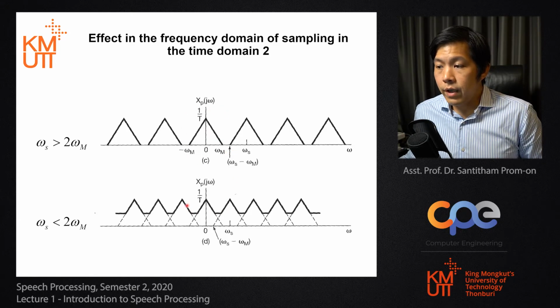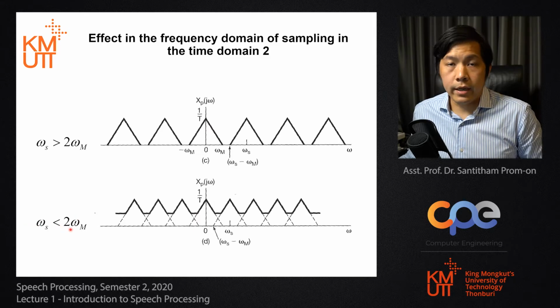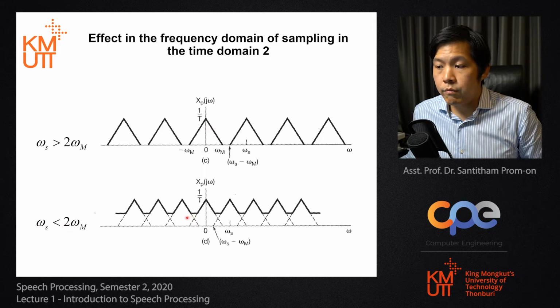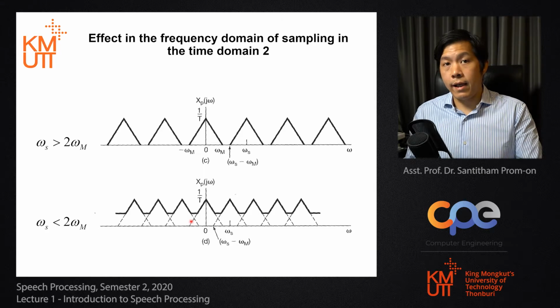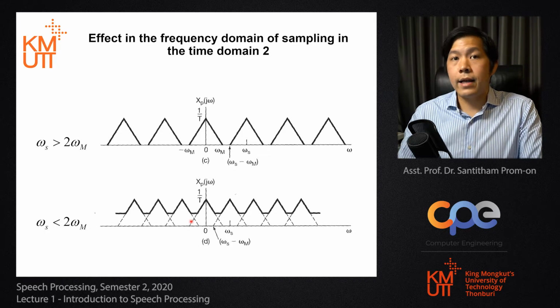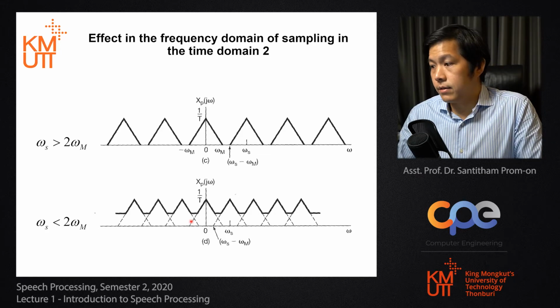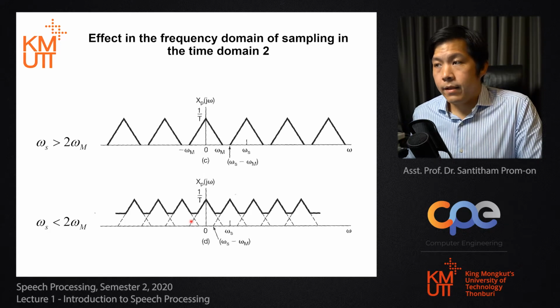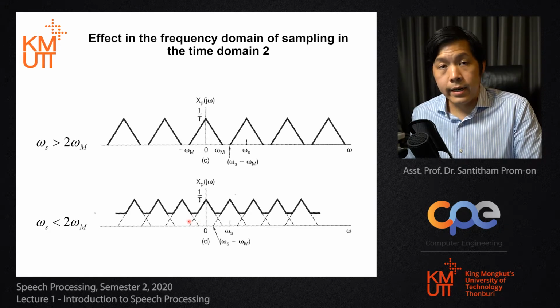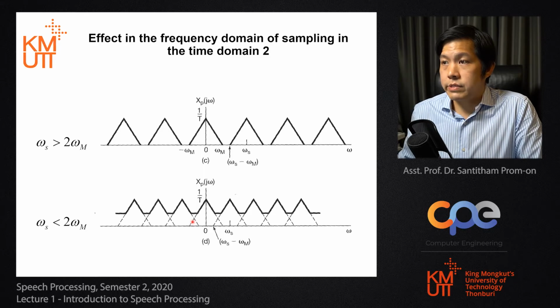But if you have ω_s less than 2ω_m, it means that there will be a certain mixing between high frequency content, and that's the problematic part, the aliasing part. The aliasing occurs because of the Nyquist frequency.